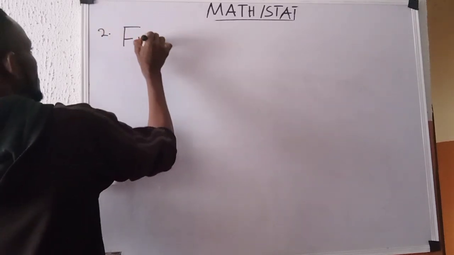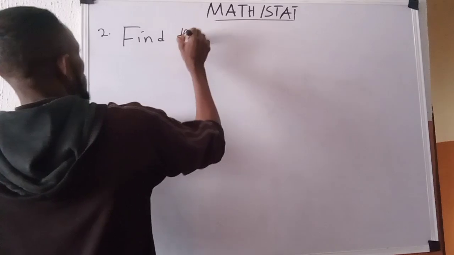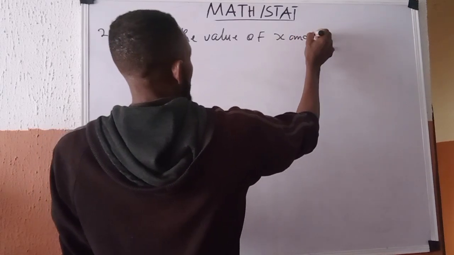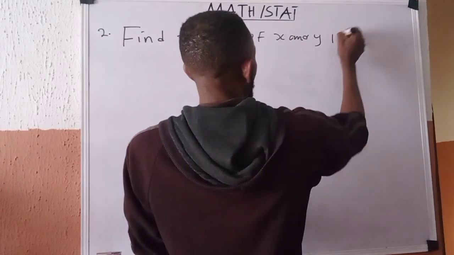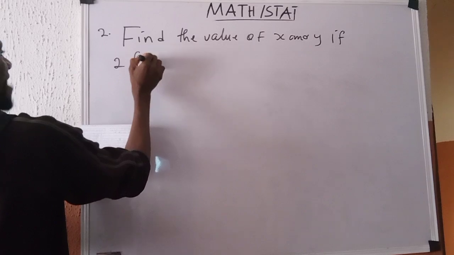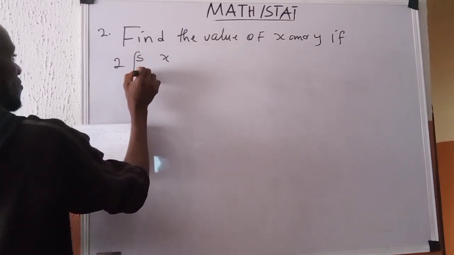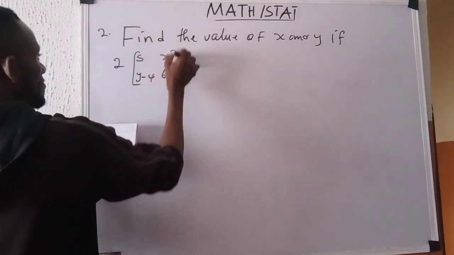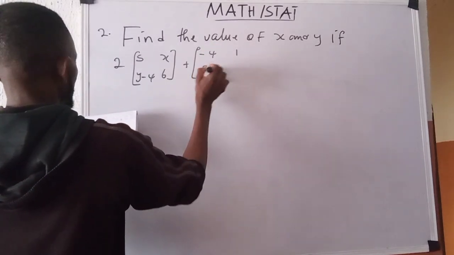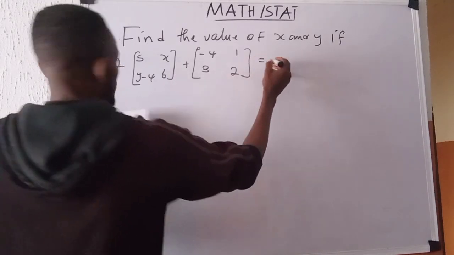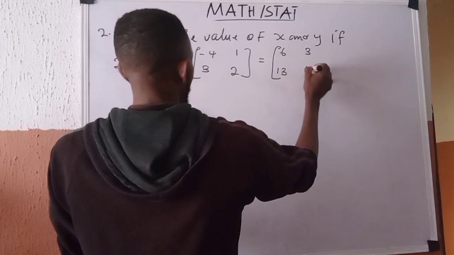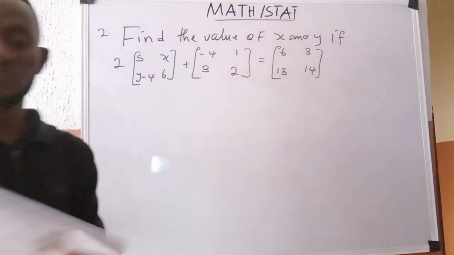It says find the value of x and y if 2 into the matrix 5, x, y minus 4, 6, plus the matrix minus 4, 1, 3, 2, equals 6, 3, 13, and 14. That is the question they gave us.